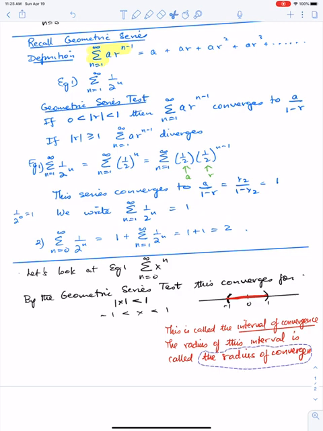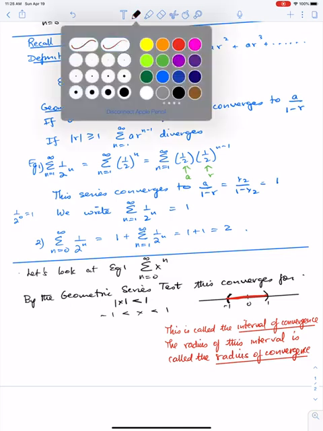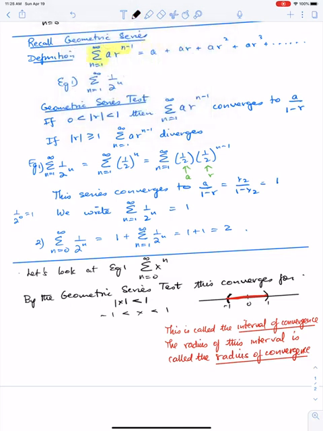Alrighty. So the interval of convergence, we should call this sort of like an answer to our question, is where does this power series converge?